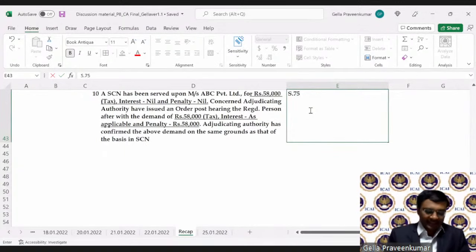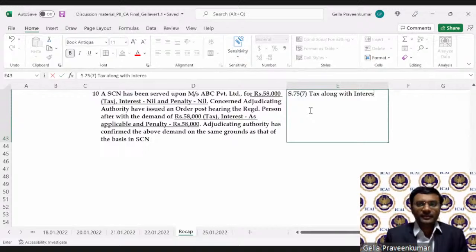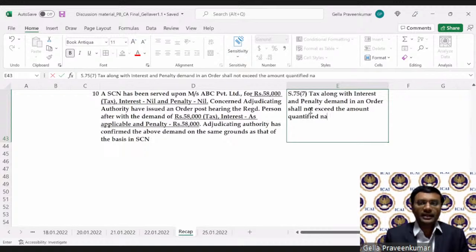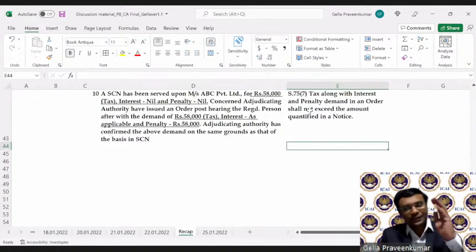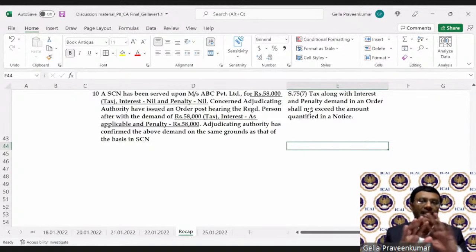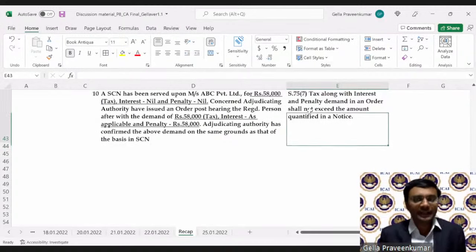So as per section 75, subsection 7, tax along with interest and penalty demanded in an order shall not exceed the amount quantified in a notice. This is what you answer. First you will say that the act done by the officer concerned is erroneous.